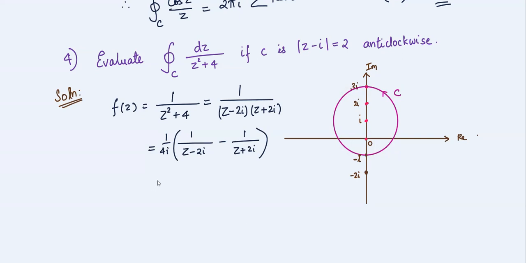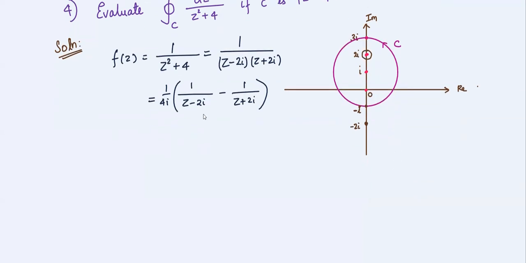So now the poles that I have within the circle of integration, I have only this one, 2i. So z minus 2i. So I get the residue of f of z at z equal to 2i as the coefficient of this term, that is 1 by 4i.